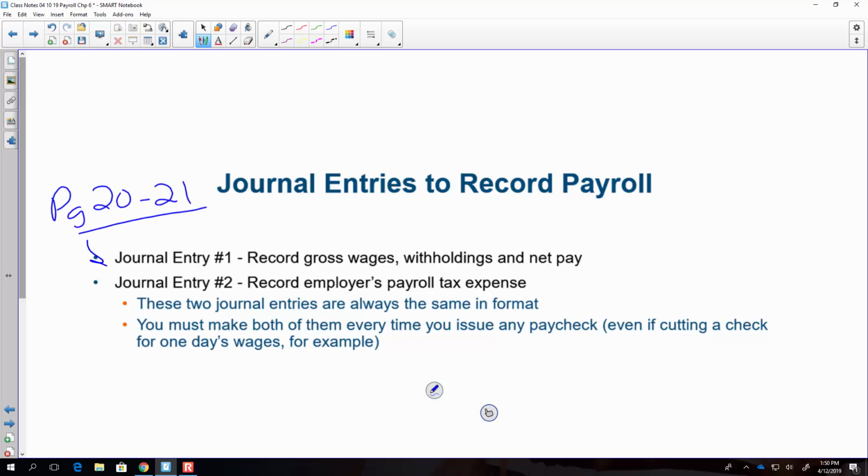It shows these entries. There are always two entries for every payroll. One, to record the gross wages and net pay. Two, to record the employer tax portion. And you'll see that on pages 20 and 21. Obviously the first one is the gross pay, then the second one is the computation of the employer tax portion.